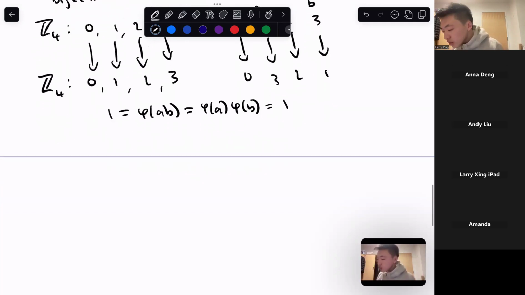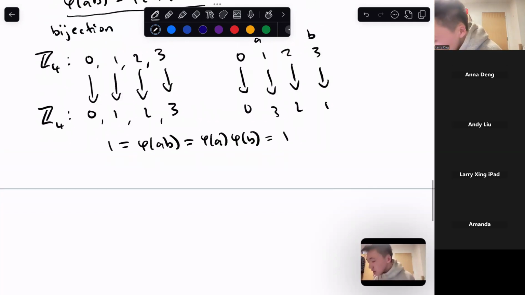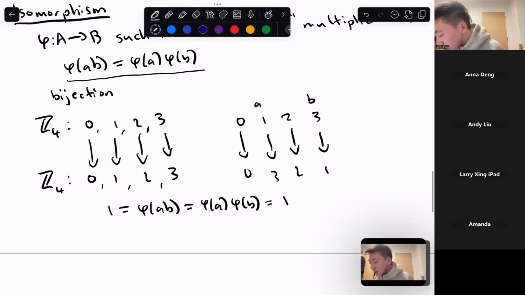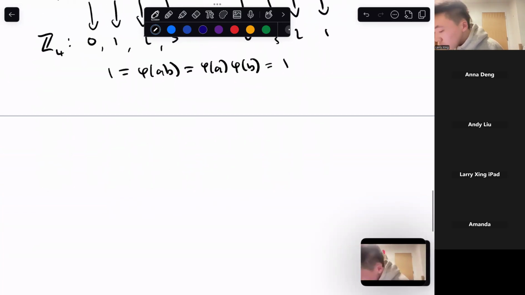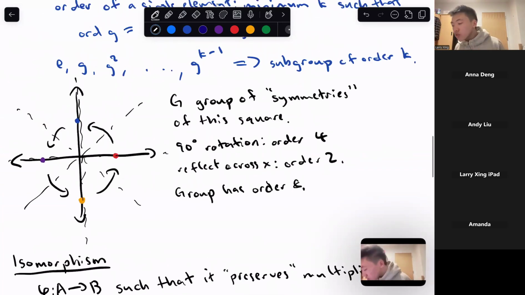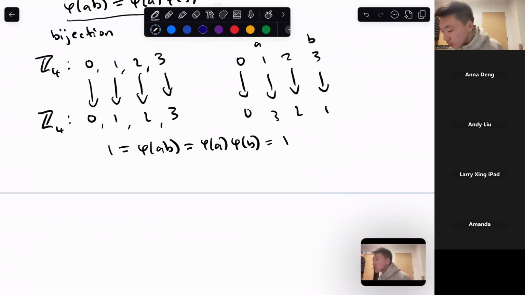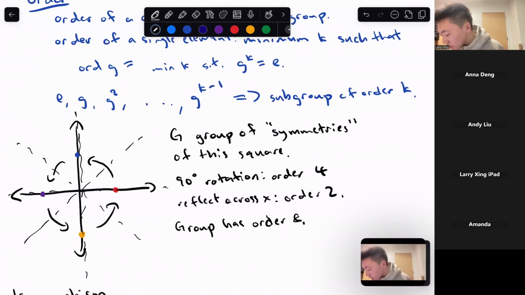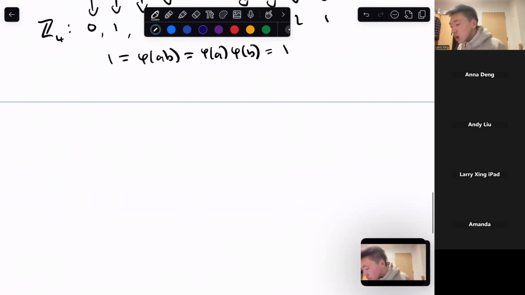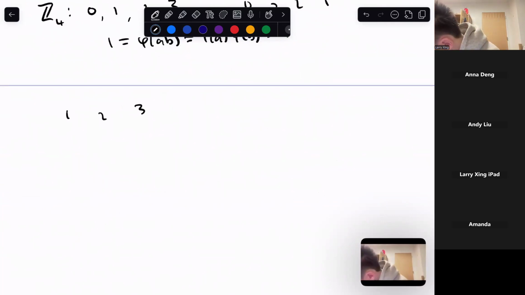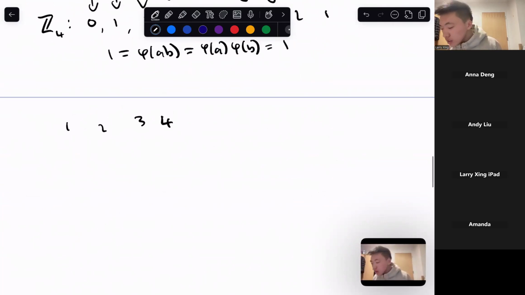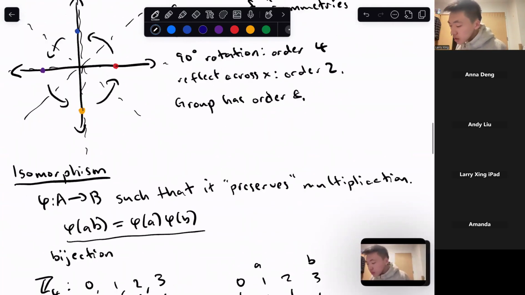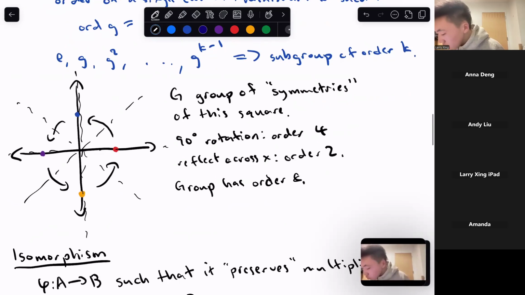More generally, if we consider our square group example, let's say I want to find an isomorphism from this mapping to a permutation on 1, 2, 3, 4. Well, wait, this won't be isomorphic to the general permutation group.